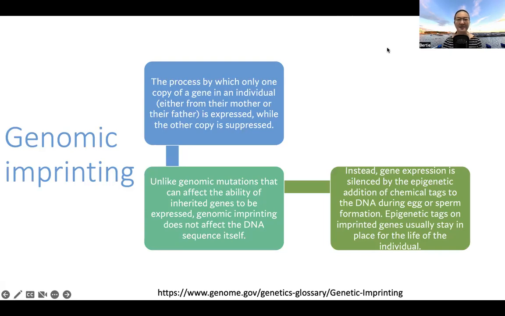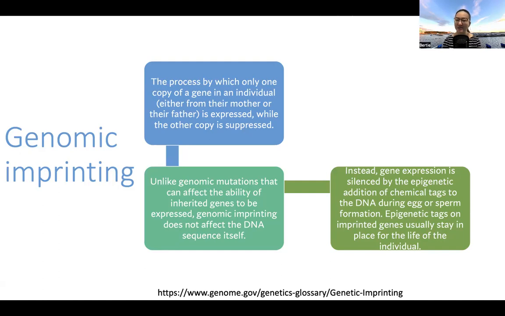Genomic imprinting. It is the process by which only one copy of a gene in an individual, either from their mother or their father, is expressed while the other copy is suppressed. Unlike genomic mutations that can affect the ability of inherited genes to be expressed, genomic imprinting does not affect the DNA sequence itself.